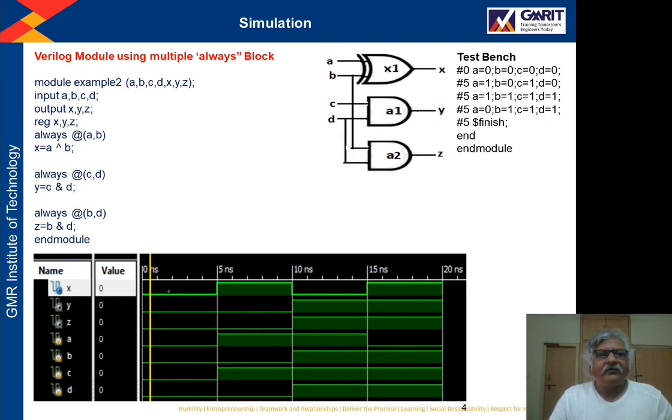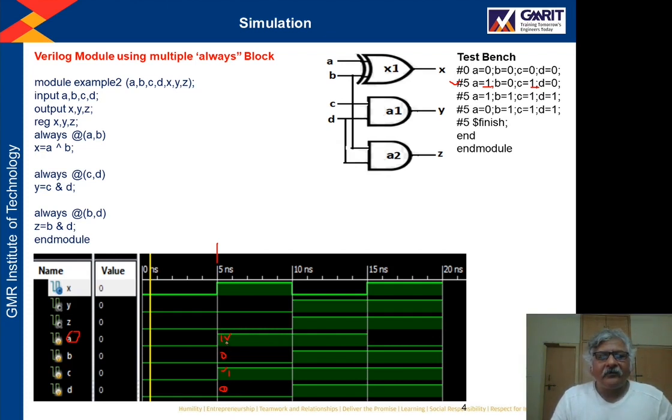After the simulation of the test bench, we got this result. Here you can see at 5 ns, at this time, the value of A and the value of C changed. A has become 1 and C has become 1, right? So here A is 1, B is 0, C is 1 and D is 0.